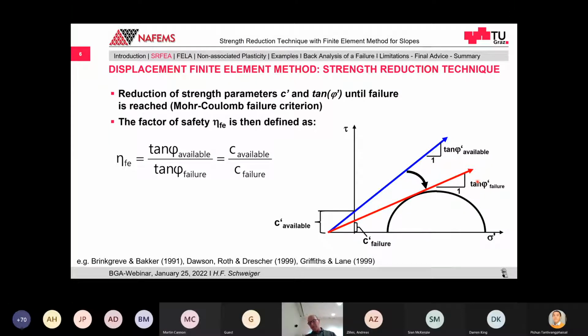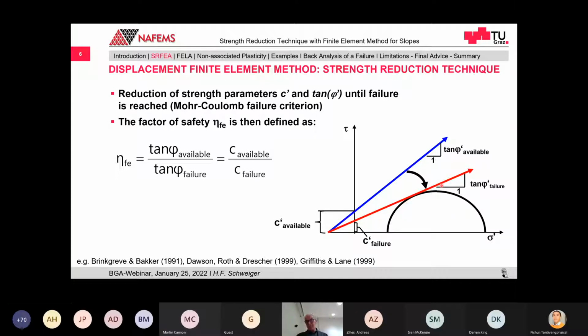So you do that, of course, not in one step, you do that in an incremental form. And what happens is that once you reduce the strength parameters in all the stress points, in some of them you will touch the Mohr circle, then the redistribution starts, just in a way as if you would do a normal analysis and you exceed the strength in some stress points.